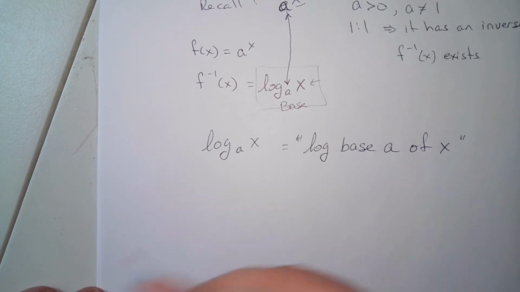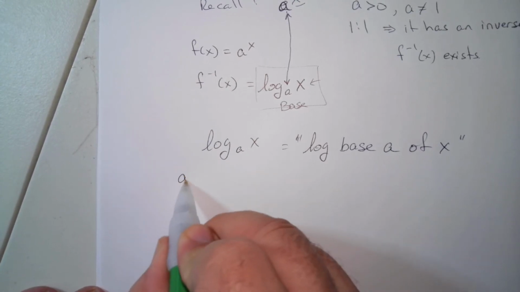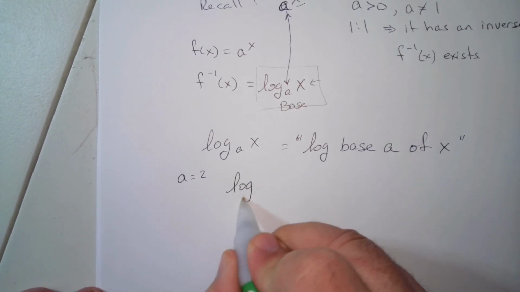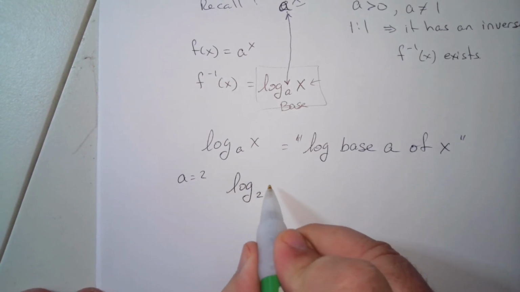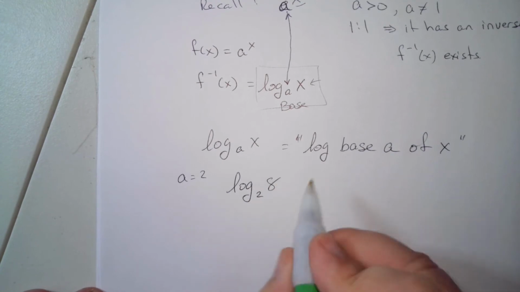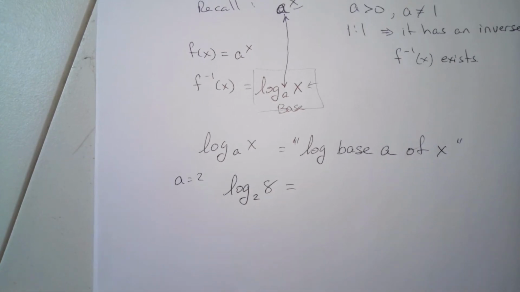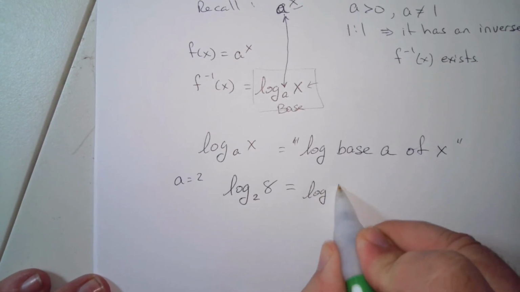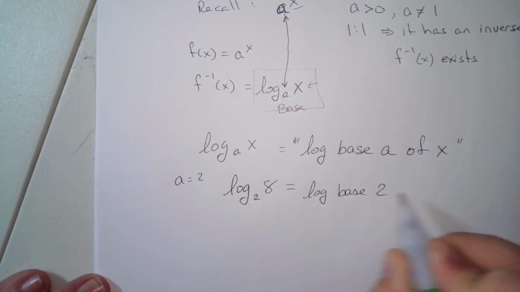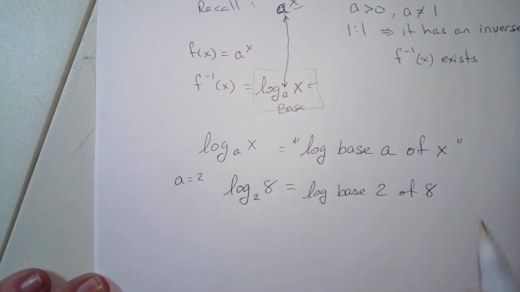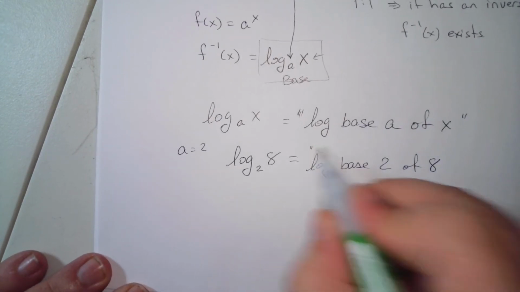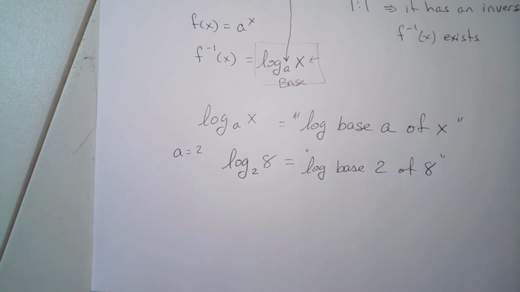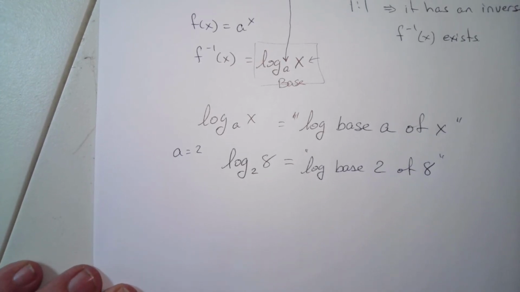Okay, in our last example we had a equals 2. So if we had log base 2, let's say of 8. This is read log base 2 of 8. That's how you read it. But what it means is more interesting.